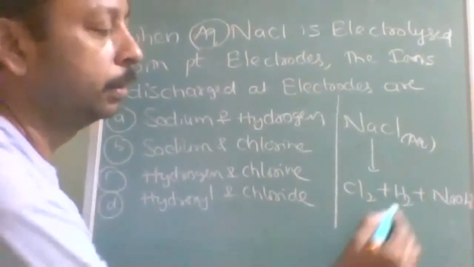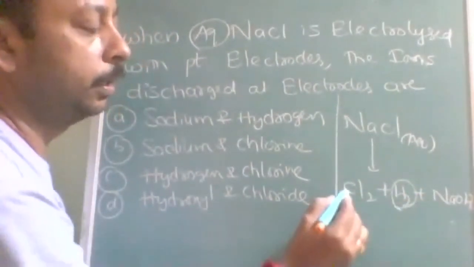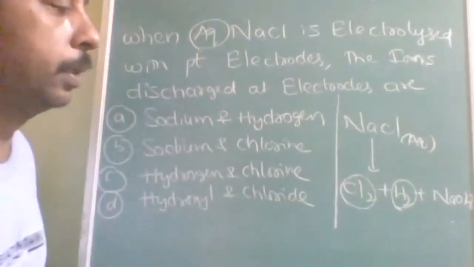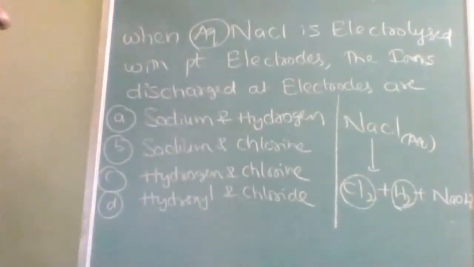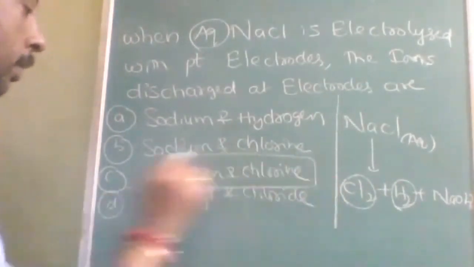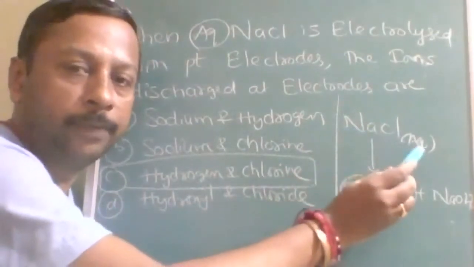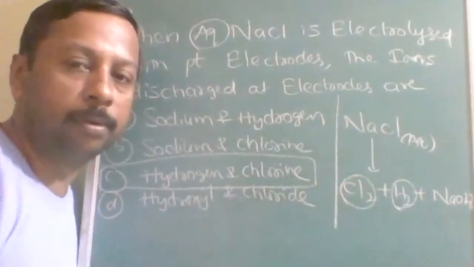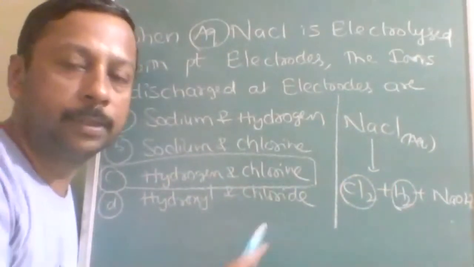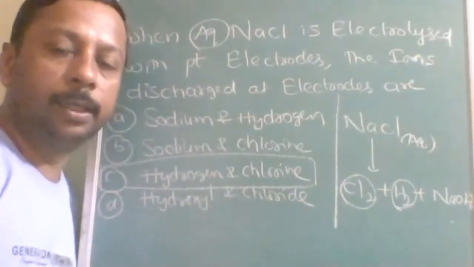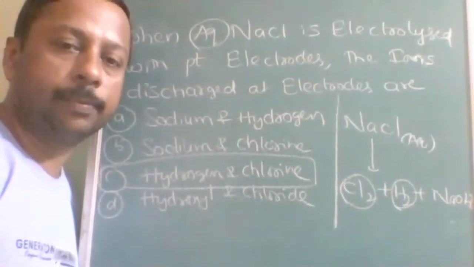So hydrogen gas is discharged and chlorine is discharged. So what is the answer? Option C. If NaCl were molten, then sodium and chlorine would be the answer. But aqueous is given, therefore Cl2 and H2 will be discharged.